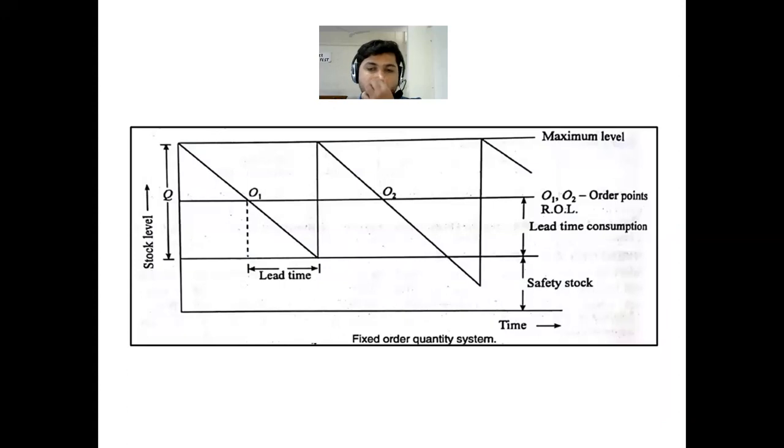Okay, so draw this figure, everyone. I will provide 2-minute time period.